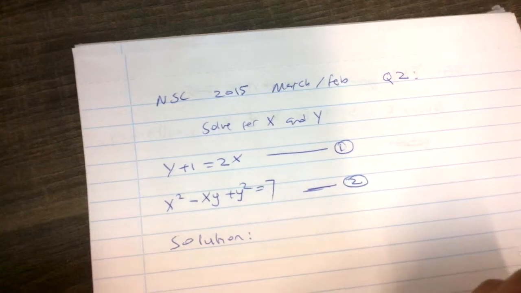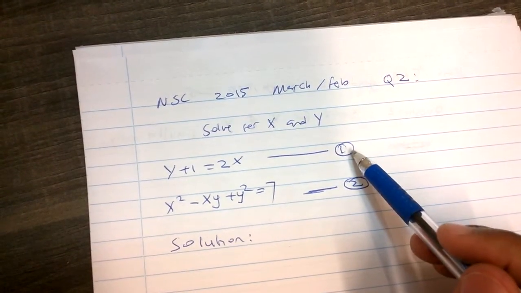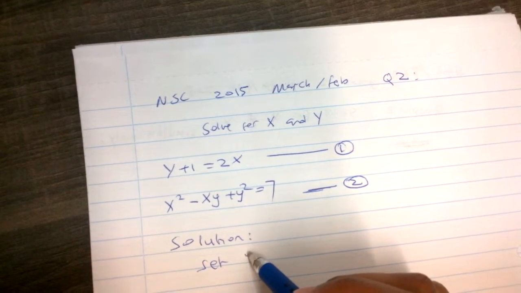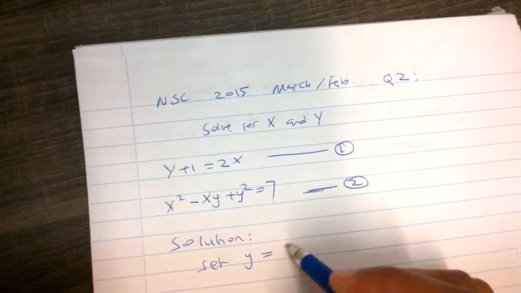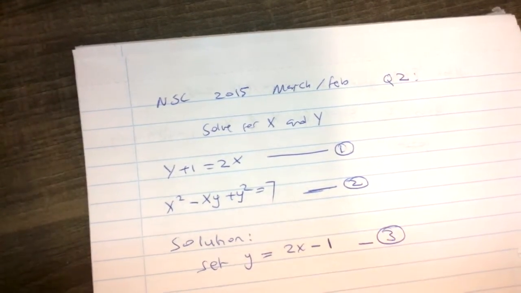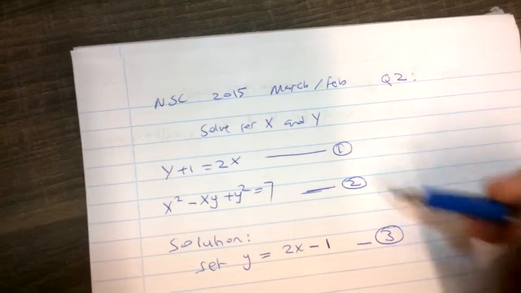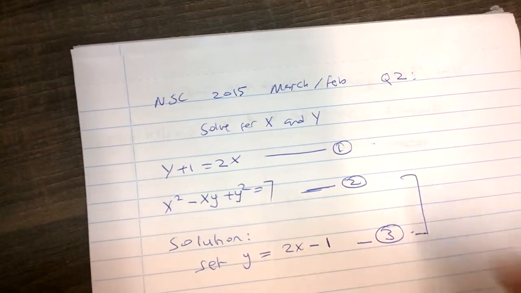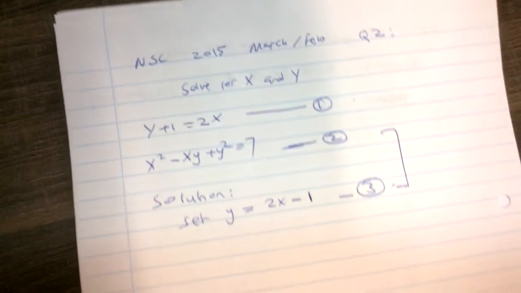It's a linear equation, so it's better to set y equals 2x minus 1 and let this be your third equation. To get 3 you used 1, so for solving for x and y you're only going to use 2 and 3.